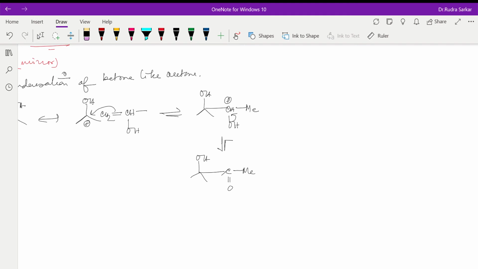Just hold on. Something like this. And okay. And now this, in presence of acid and heat obviously, will get protonated to form that.